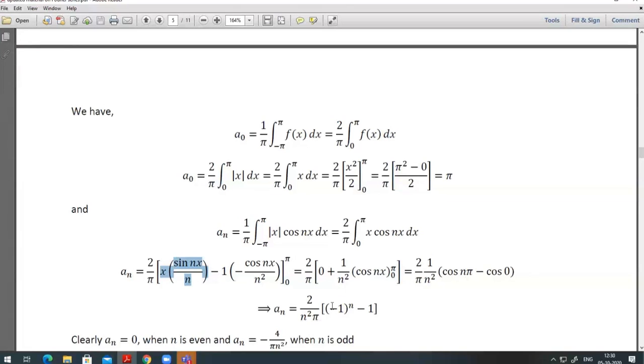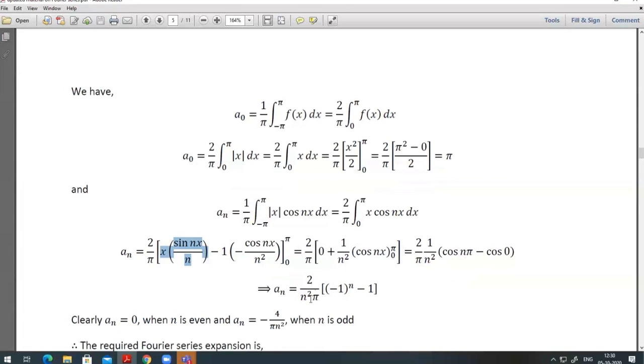So this gives 2 by n square pi, cos n pi value is minus 1 power n and cos 0 value is 1. We can simplify this as minus 1 power n minus 1. So minus 1 power n has value 1 if n is even, and value minus 1 if n is odd. So in other words, 1 minus 1 becomes 0.